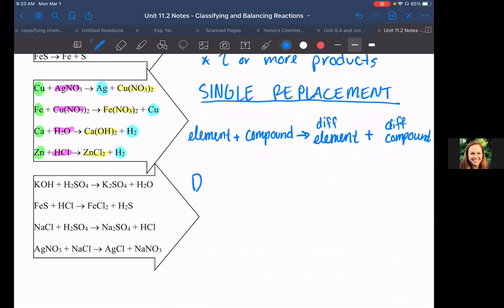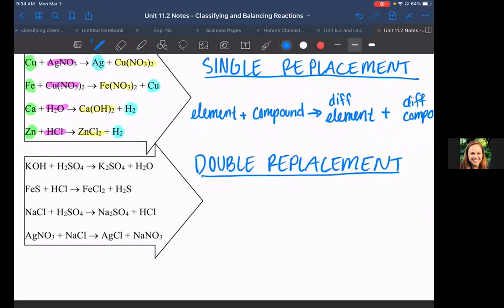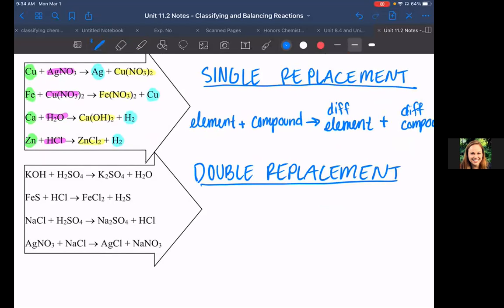All right, then we have double replacement. And so for double replacement, you're going to have a total of 4 different compounds.